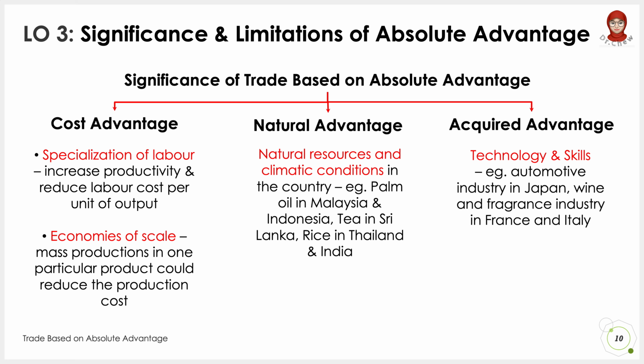Remember the example of Japan, which exports many goods not based on natural resources like what Malaysia did, but Japan exports a large percentage of automotive and electronic goods. This is the classic example of how a country specializes in producing goods in which it has the acquired advantage.